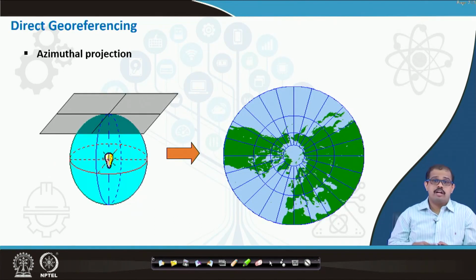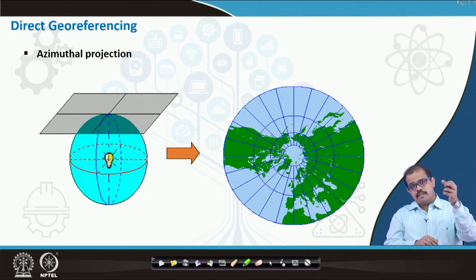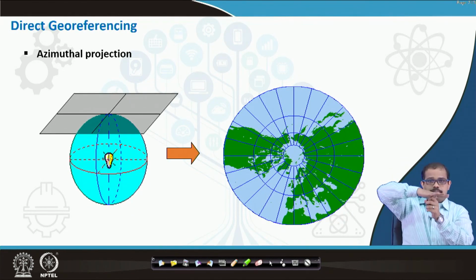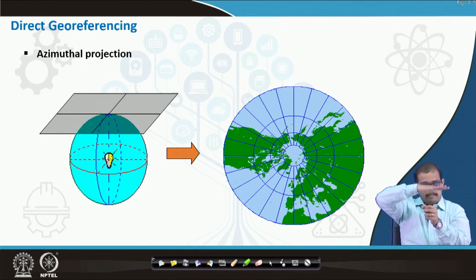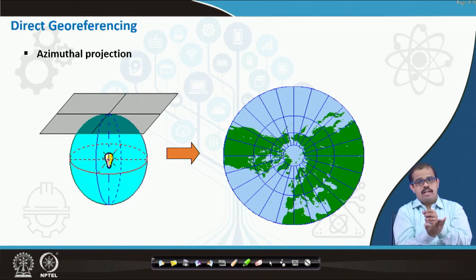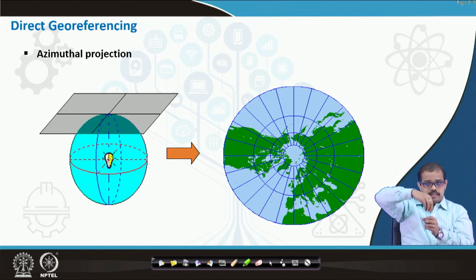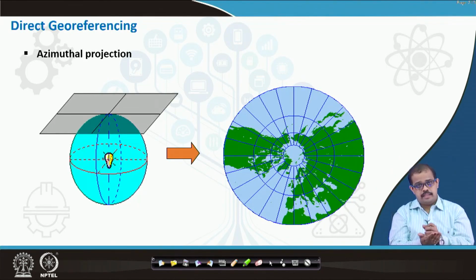Then the third one is called the azimuthal projection. Now you have your earth surface like this, okay. I keep a paper like this or like this or like this, the way you want, whether near the poles, slanted, or below near the south pole. Once you have done that, add a light opposite to where the paper has been kept.